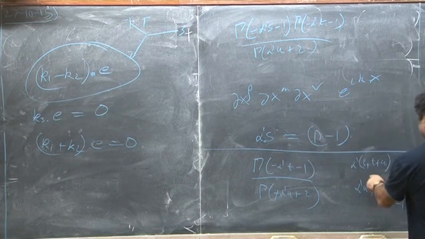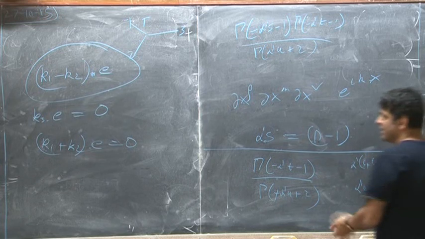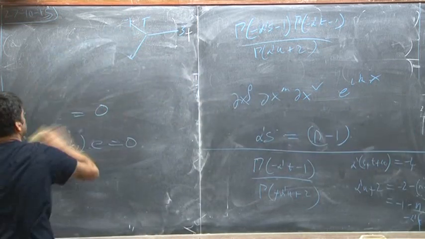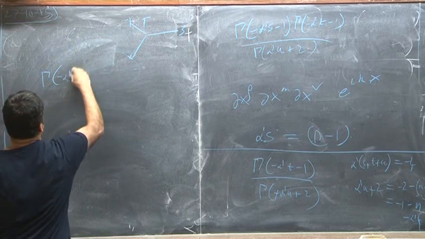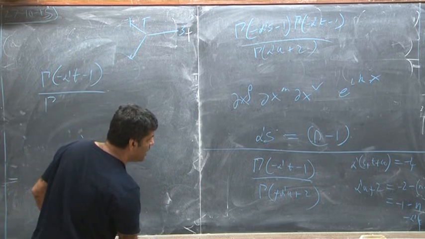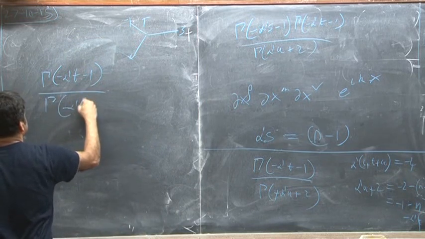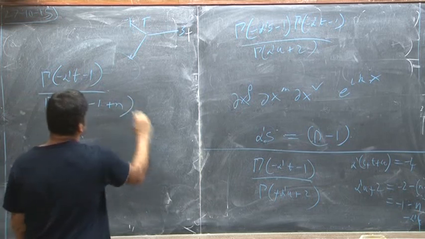And I follow the t, minus alpha prime t. So this ratio becomes gamma of minus alpha prime t minus 1 over gamma of minus alpha prime t minus 1 plus n.